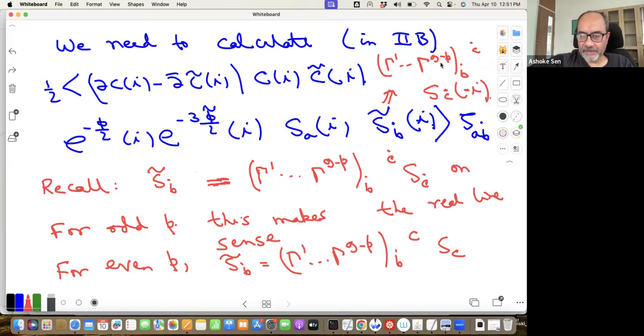This will become this times S C dot of minus I. And so now we have again reduced the problem to calculating the correlation function on the plane with this kind of vertex operators. Is this clear? Are there questions?